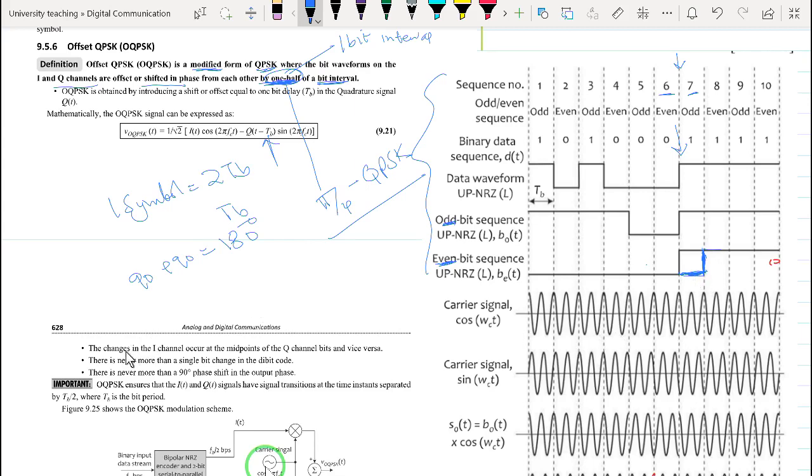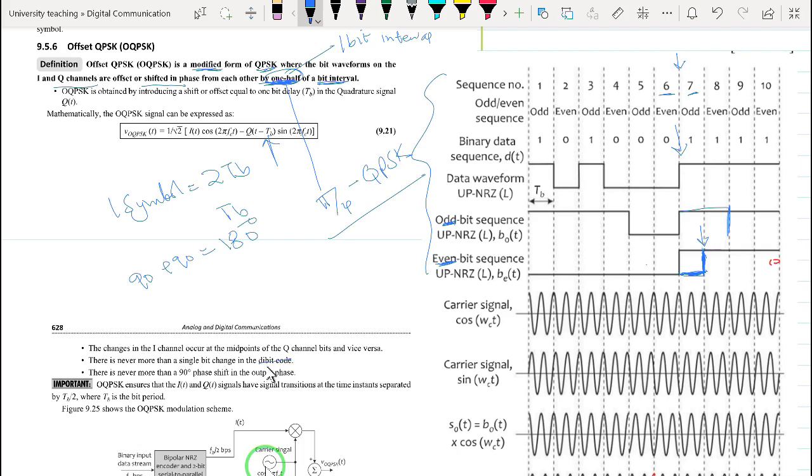Reading on, we see that the transitions in the I channel occur at the midpoints of the Q channel bits and vice versa. So as you can see, this is the I channel, and this transition is happening midway through the symbol period of the I channel. There is never more than a single bit change in the dibit code.